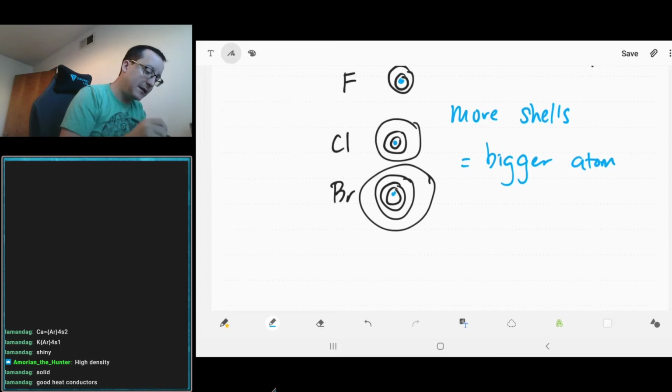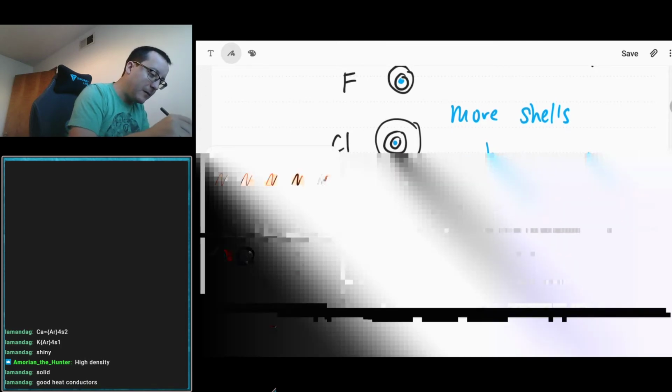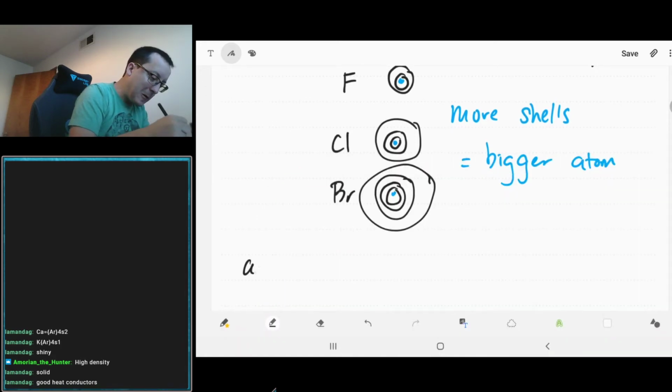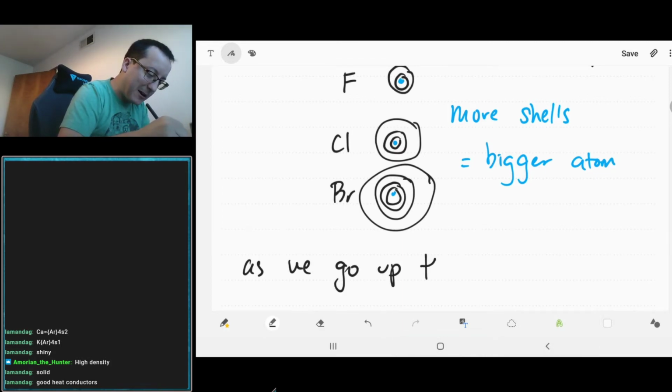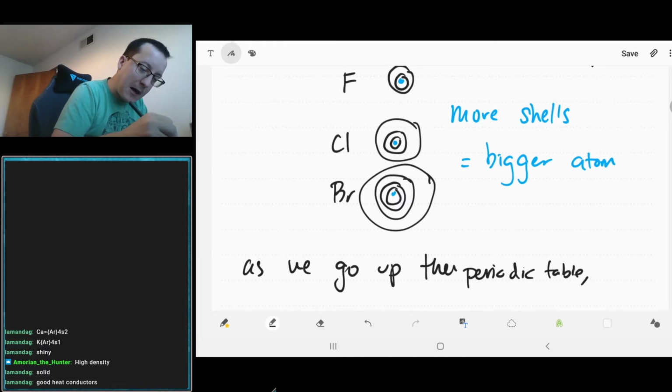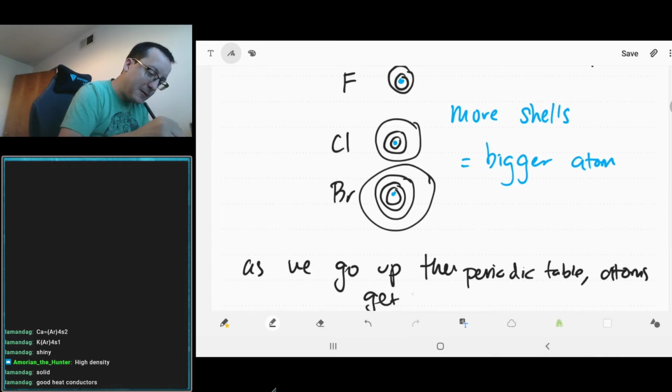And so as we go up the periodic table, atoms get smaller.